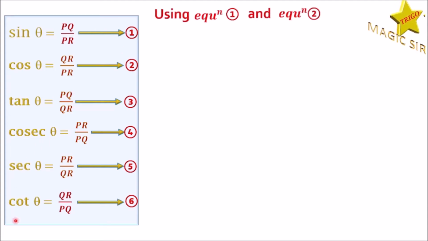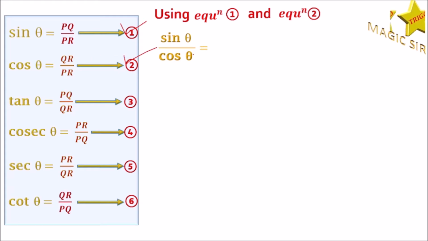At first, we will use equation 1 and equation 2. We have first equation sin theta is equal to PQ upon PR, and the second equation cos theta is equal to QR upon PR.